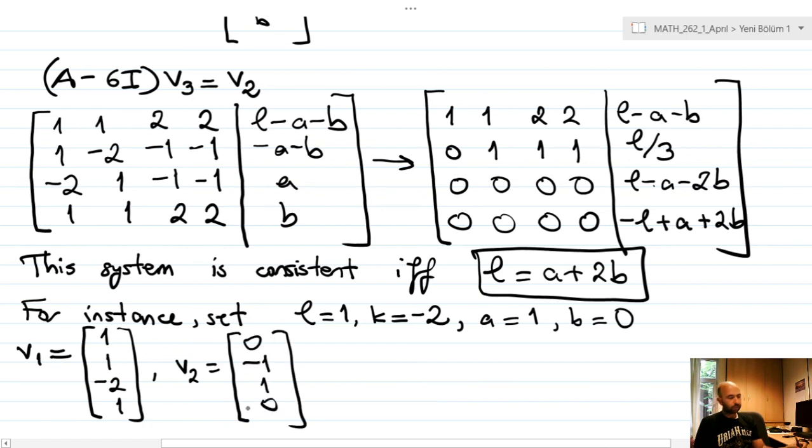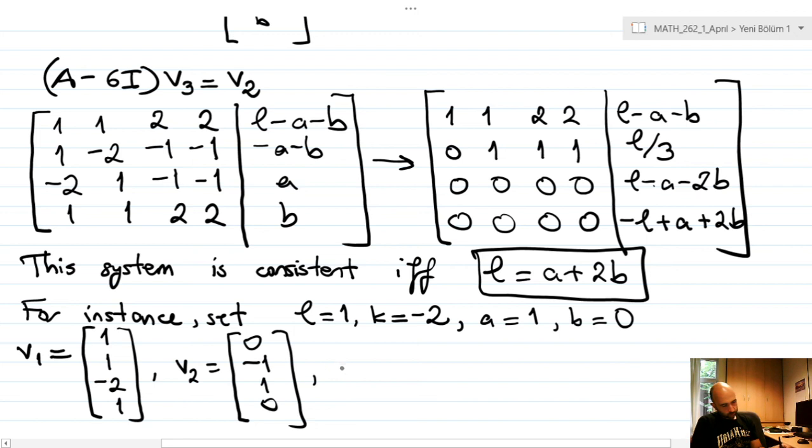How do I write these? Well, V1 was up there somewhere in terms of L and K, and V2 is already here on the right side. Just put in these values of the parameters. You'll get exactly that. How about V3? You have to solve this system or write one solution of that system because it has many solutions.